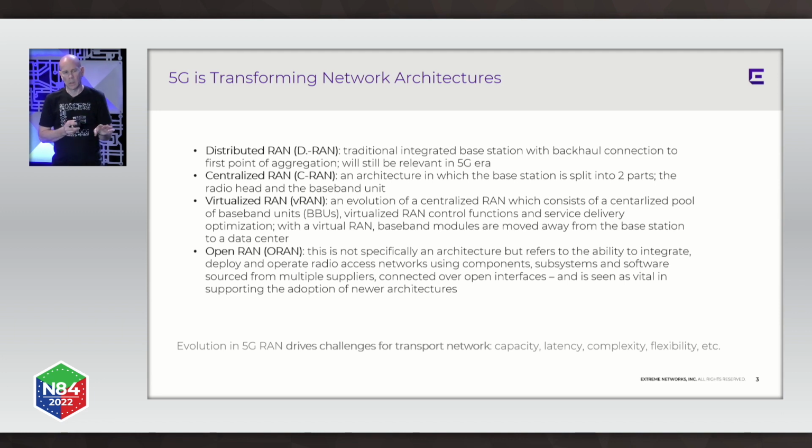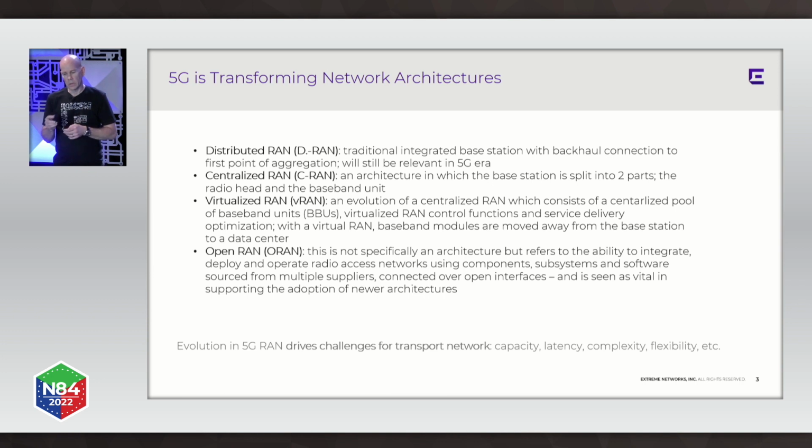Then you go into the centralized RAN, which is basically an architecture in which the base station is split into two parts, the baseband unit and the radio head. Now, continuing on that path, then you have the virtualized RAN, the vRAN or cloud RAN, whatever you want to call it, which is basically an evolution of the centralized RAN, which consists of a centralized pool of the baseband units and virtualizing the RAN control functions and service delivery.